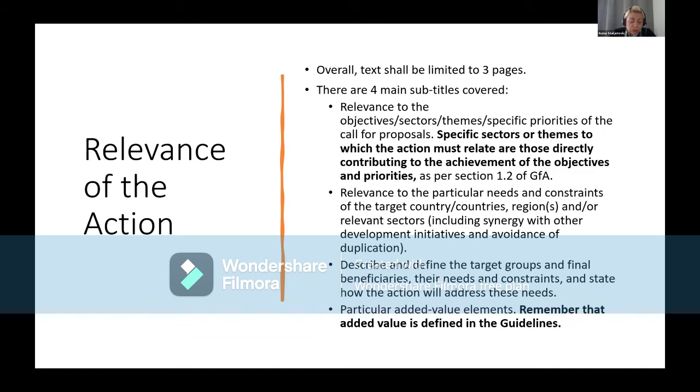You should here focus and try to address some added value elements, which we have shown yesterday in the slide. But certainly they are defined in the guidelines for applicants as well.